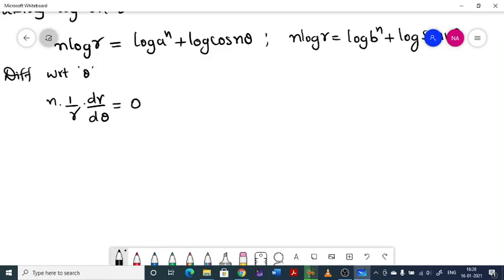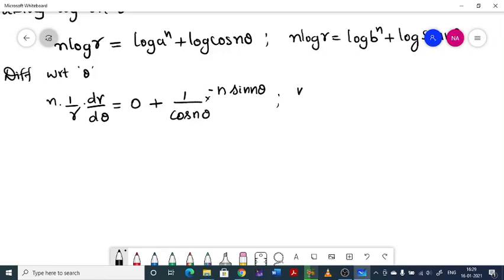Differentiating that, I will get 0, plus log of cos n theta, that is 1 by cos n theta, into sin n theta minus n sin n theta. So cos n theta differentiated gives sin n theta, into derivative of n theta, you get n only, so minus n sin n theta.